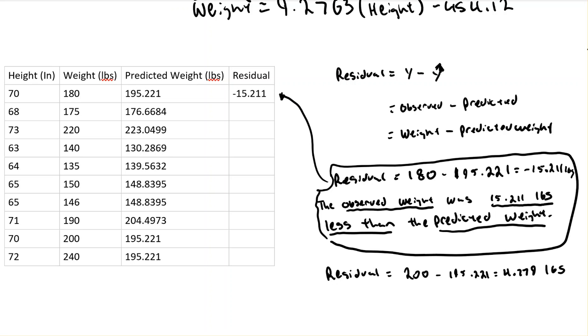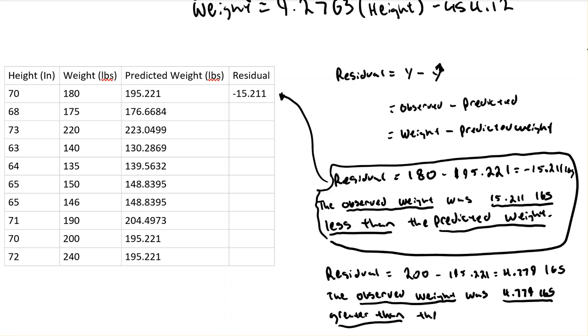So the way I would interpret my positive residual now for this other individual who is 70 inches tall is the observed weight was greater than the predicted weight by my residual, 4.779 pounds. But since this time my residual was positive, instead of being less than the predicted weight, my value was greater than.